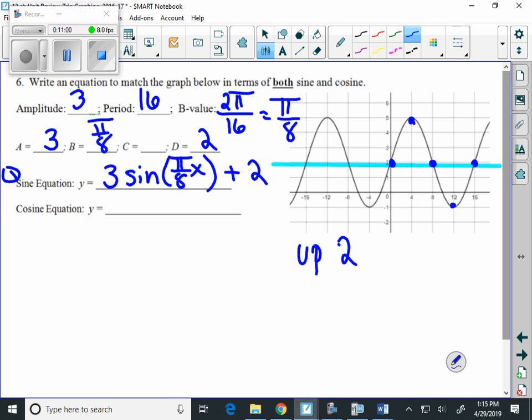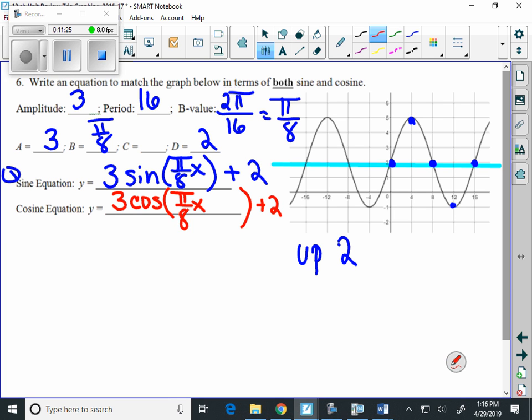And once again, when we get to cosine, then this 3 isn't going to change. It might become negative, but that 3 is not going to change. And pi over 8x isn't going to change, but leave more space in your parentheses because we are going to have a phase shift. And it's just a matter of where are we moving our graph.